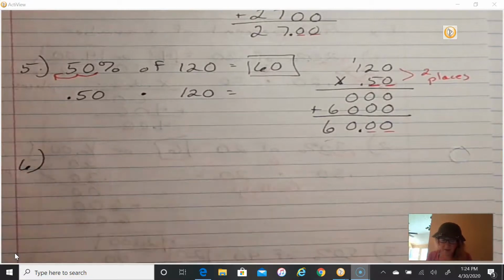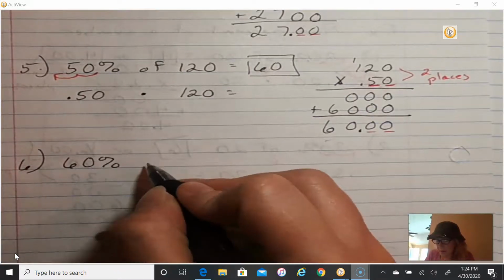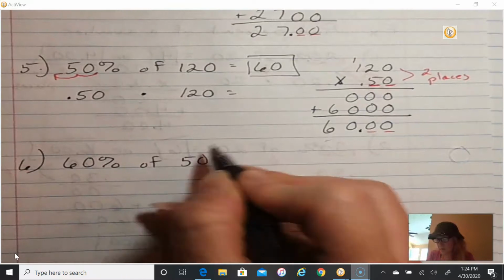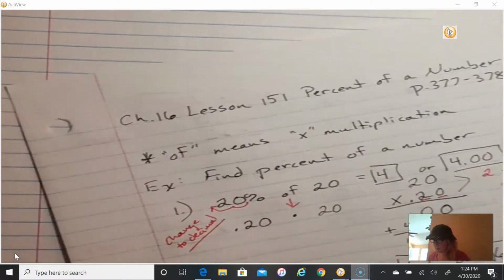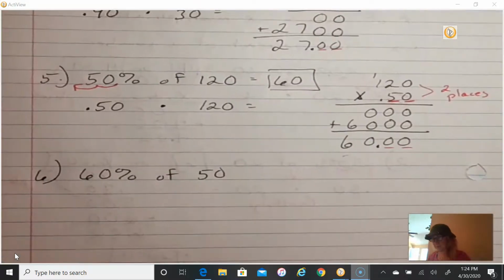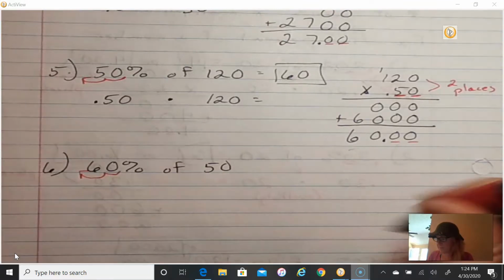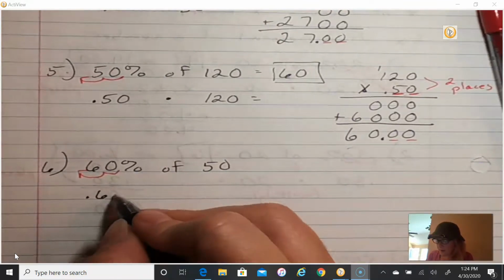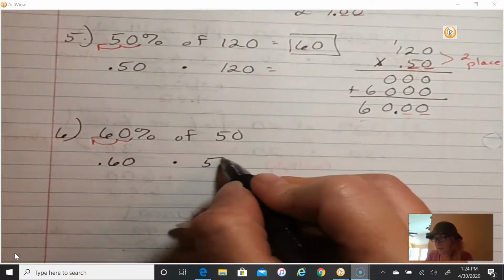All right, last one. Let's do 60% of 50. Did I do that one already? Okay, so I'm going to change this to a decimal. Of means times 50.